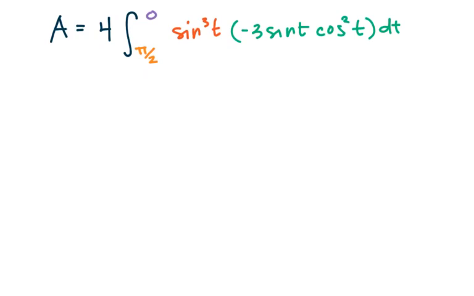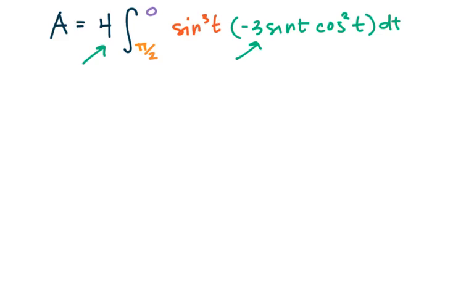Okay, now one thing I noticed is that my bounds are reversed, and I also have a constant, -3, that I can factor out. So if I pull -3 out into the front, that would give me a -12. But flipping my bounds would negate that again, so that -12 in front would be +12.